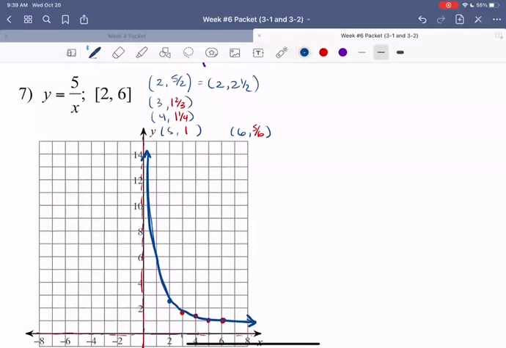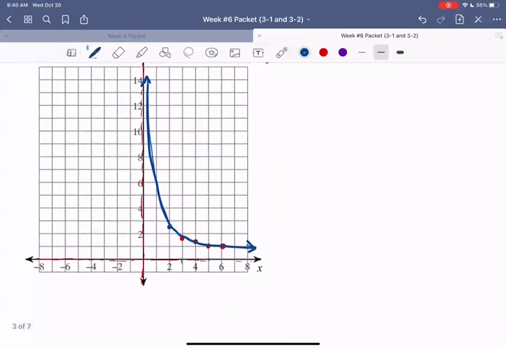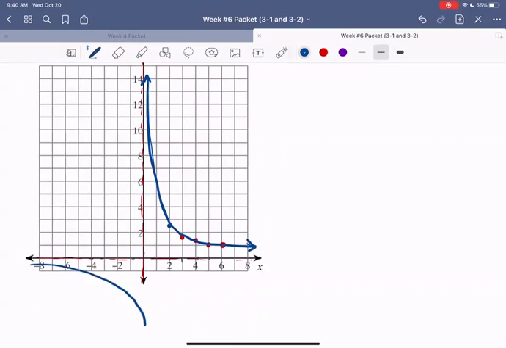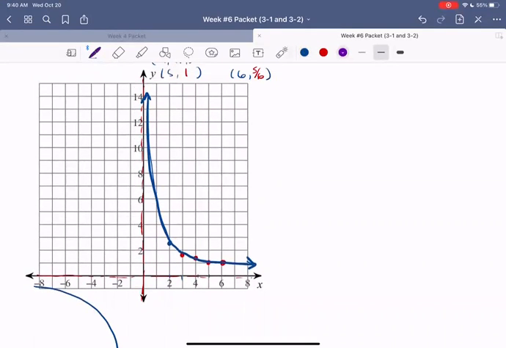Take a moment to pause the video and check your work, and then go ahead and finish the curve of that graph. We can just worry about that first quadrant. We do have another part of our graph down here, but for us, we only care about our function on the interval from 2 to 6. So that's what we want to focus on.